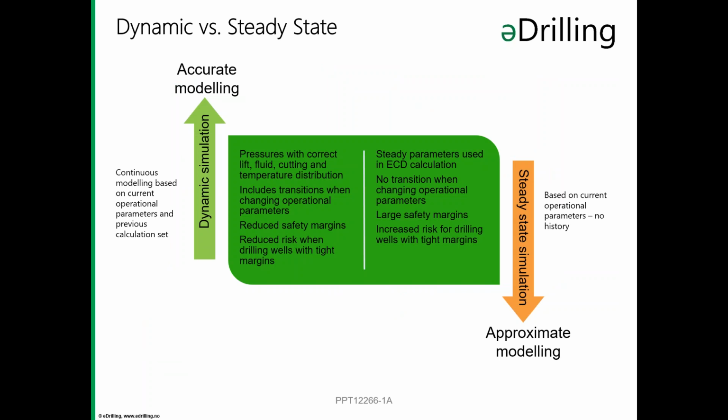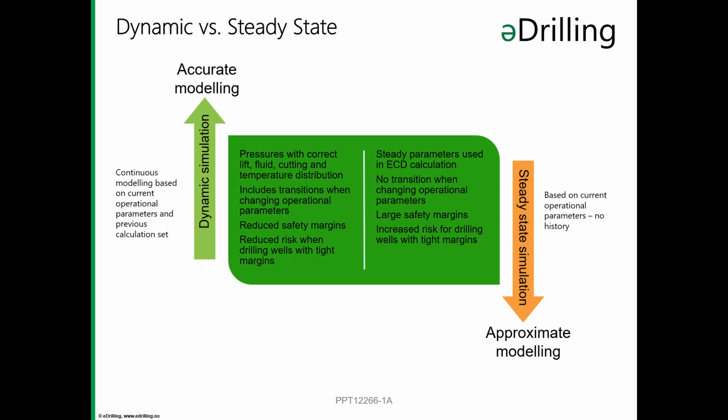We rely on dynamic models in our system, and by using dynamic transient models, you are able to get more accurate modeling. If you compare it to a lot of models used in various systems, which are steady state models, those give you approximate modeling.